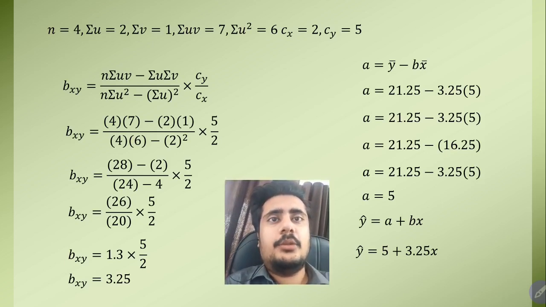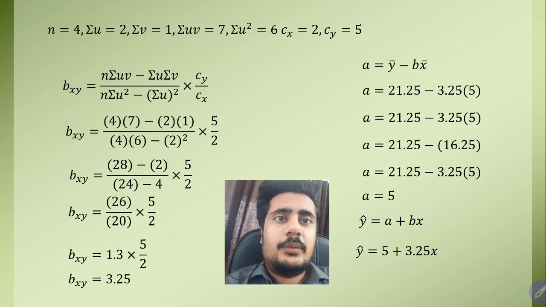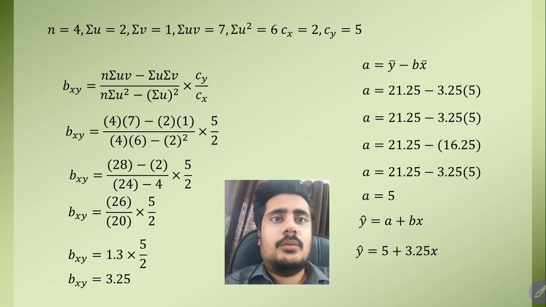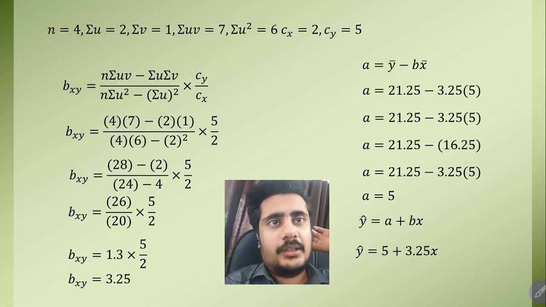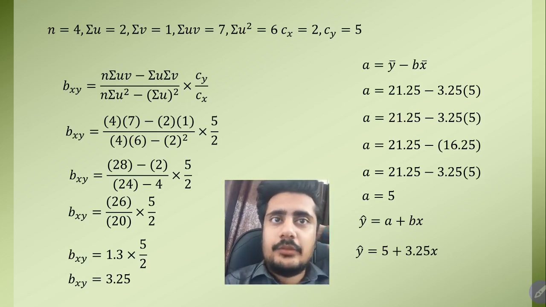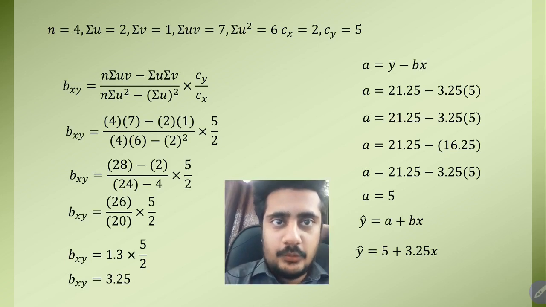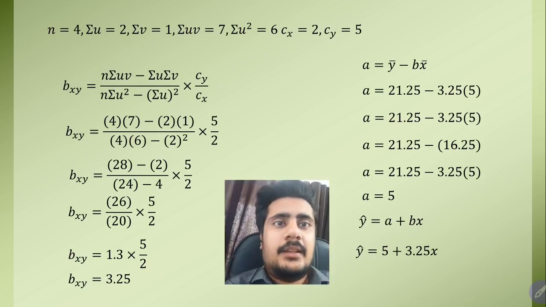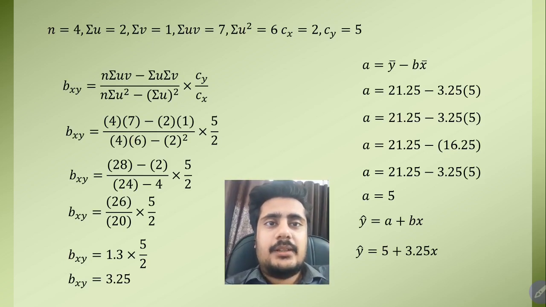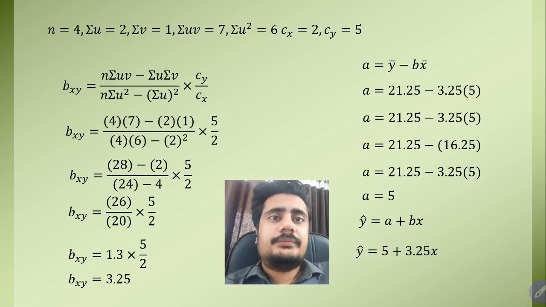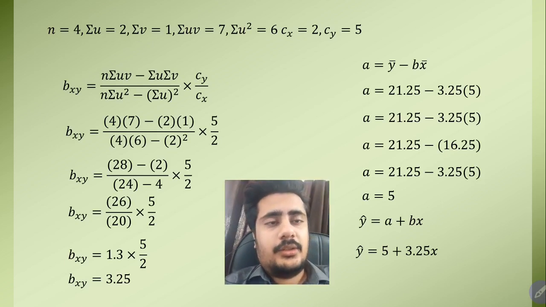So it's n sigma uv, 4 into 7, 28, minus sigma u sigma v, 2 into 1, 2, upon n sigma u square, 4 into 6, 24, minus square of sigma u, that is 4. So 28 minus 2 is 26, 24 minus 4 is 20, 26 upon 20 is 1.3, into 5 by 2 is 3.25.